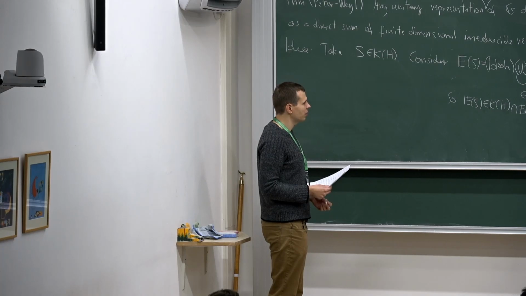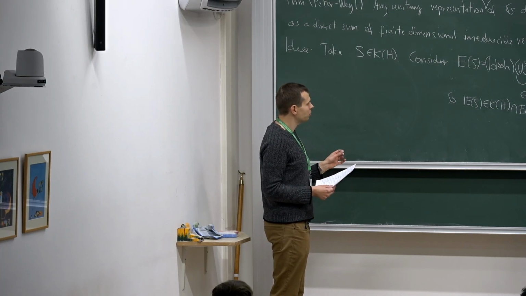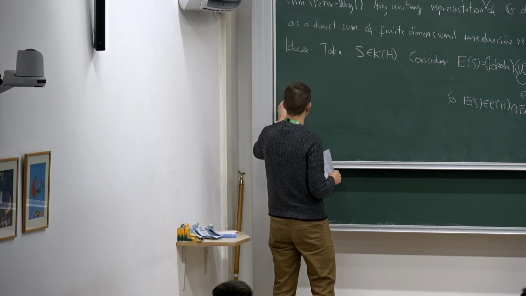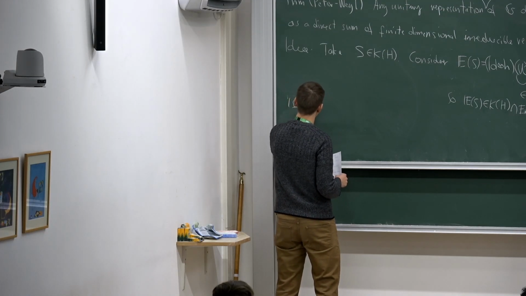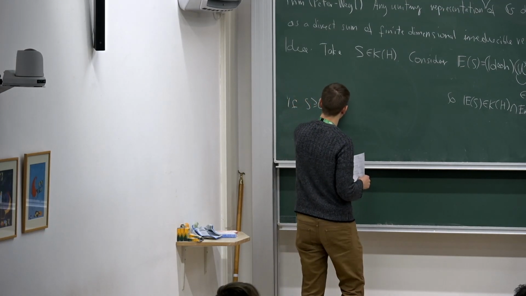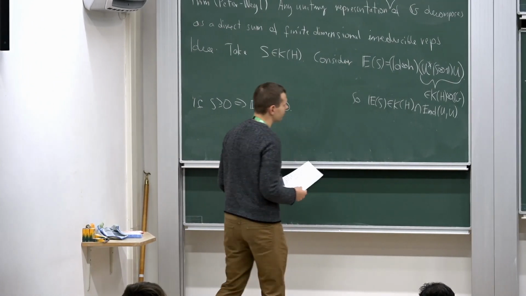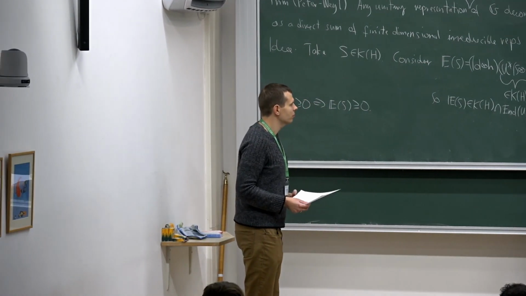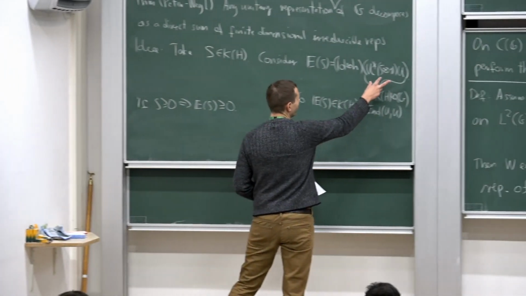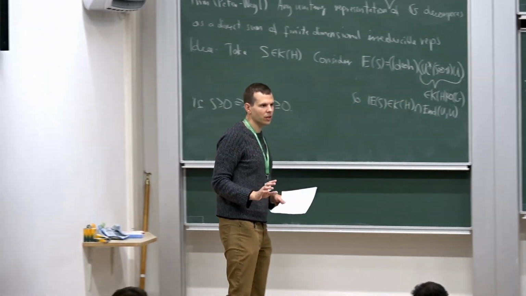Okay, so then, if it's compact, say S was self-adjoint, or we can do S positive. If S is a positive operator, then E of S is also positive, because this is just conjugating by a unitary and applying a positive functional.